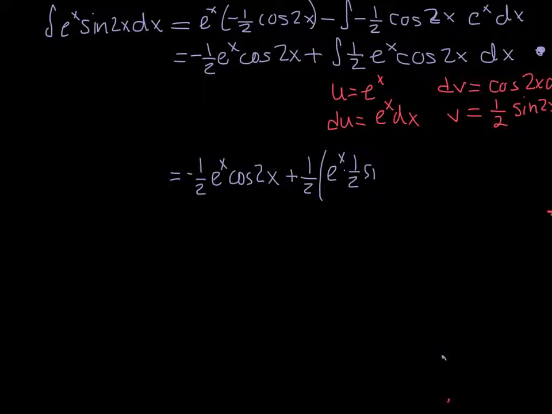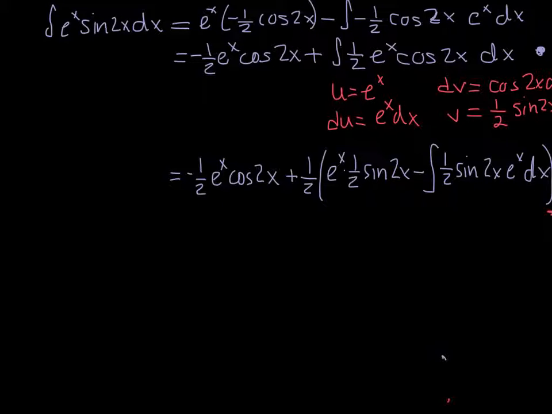And then we're going to subtract the integral of v times du, which is e to the x times dx. And I'm going to close these parentheses.